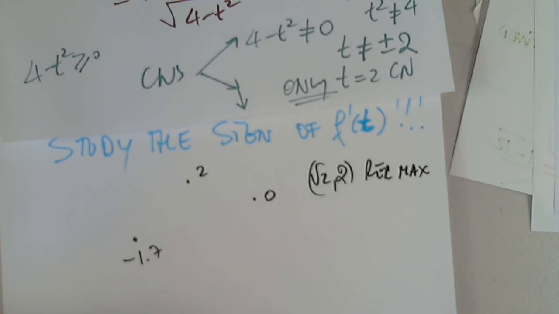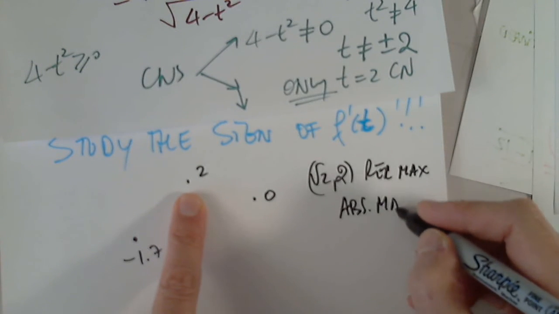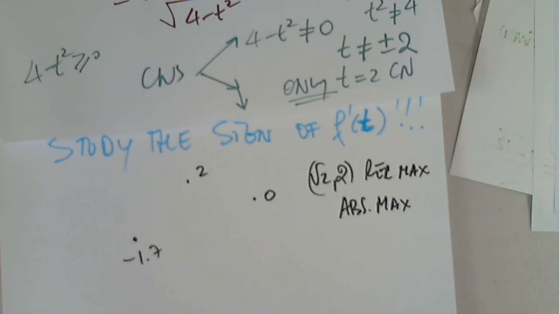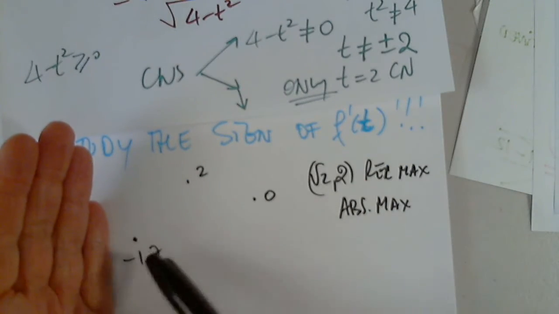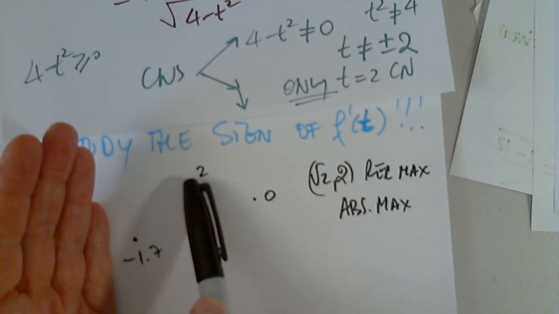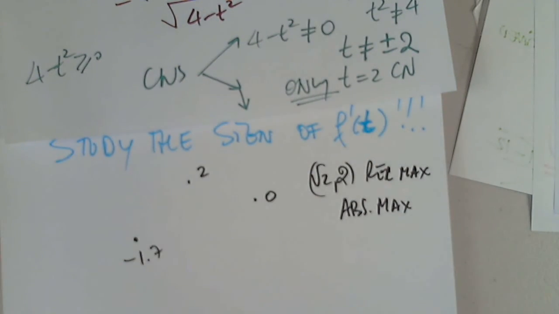And what else? Also a critical number. Yes, an absolute max. There is no other value on this interval. The function starts at the y value of -1.7, it reaches 2 somehow, and then it drops down to 0. So there is no other value higher than it, guaranteed.